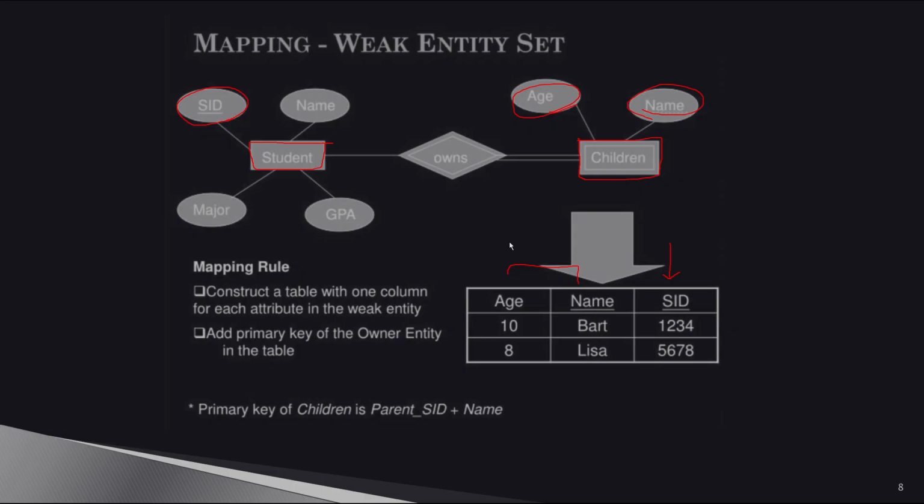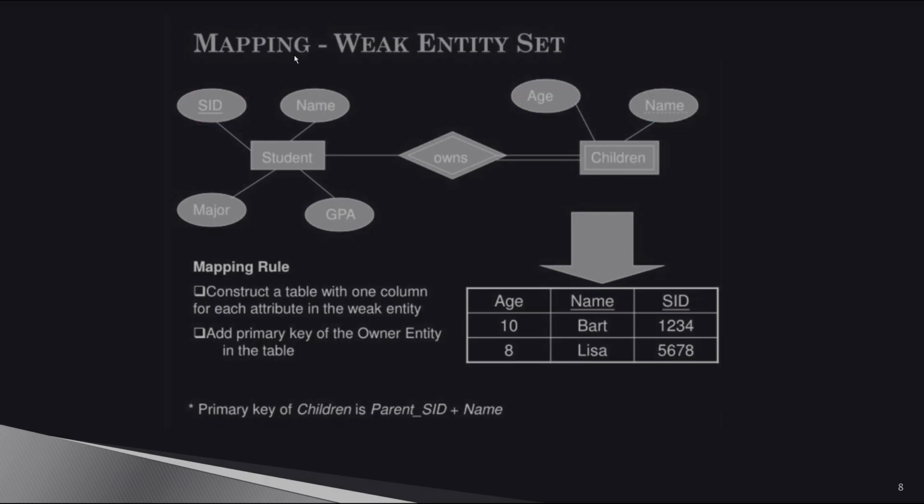Okay, so we have, in this case, 2 entries, and the primary key of each entry is going to be the name of the child plus the student ID of the, you know, the parent of that child.